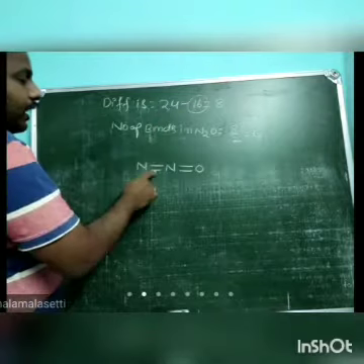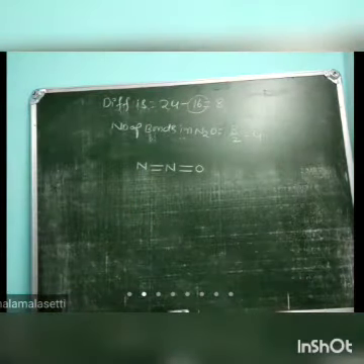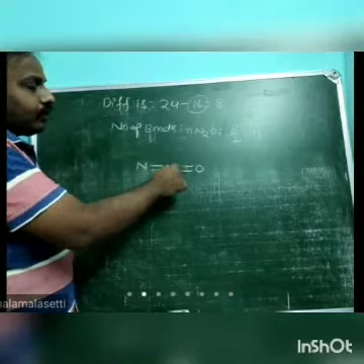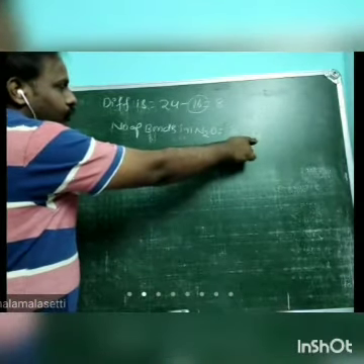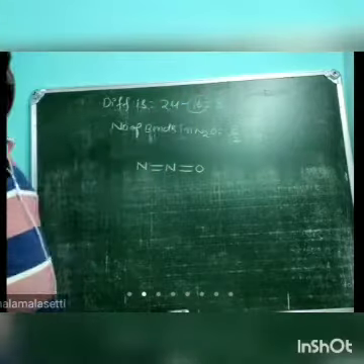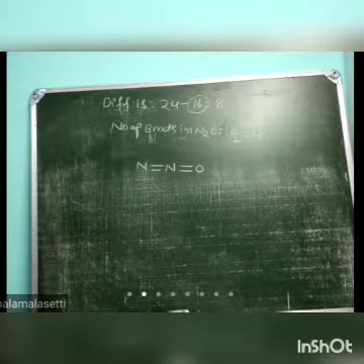Out of 16, 8 electrons are present in the form of bond pairs, nothing but 4 bonds, 8 electrons. And how many electrons are left here? 8 electrons are left. By using those 8 electrons, we complete the octet for the bonded atoms.